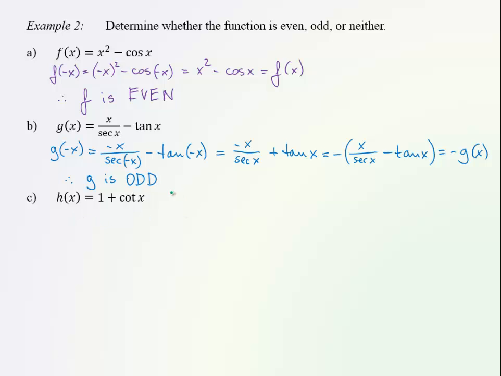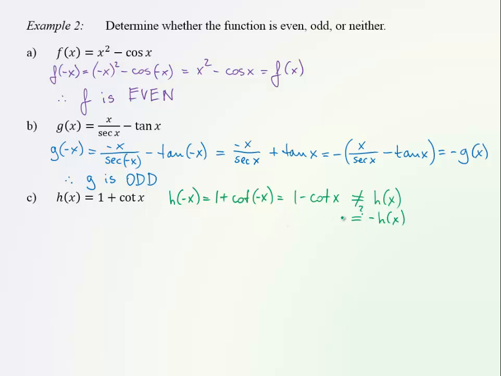Let's try the next one. h of negative x equals 1 plus cot of negative x, and cotangent is odd, so we can pull the minus out. So as you see, this is not the same as h of x. Is it the same as negative h of x by any chance?